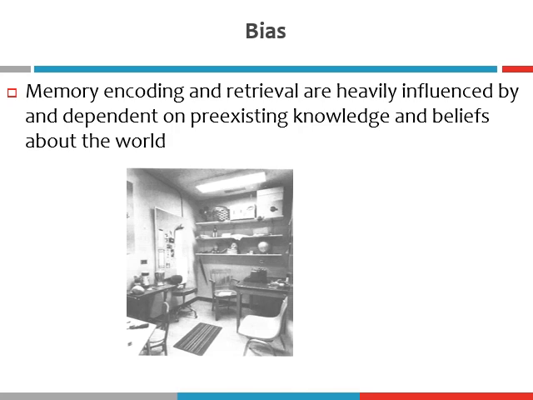Again, what this illustrates is how our schemas can guide memory retrieval. Our schemas tell us that a typical office is going to contain a table and chairs, books, maybe a computer, but we wouldn't really expect to see something abnormal like a skull.